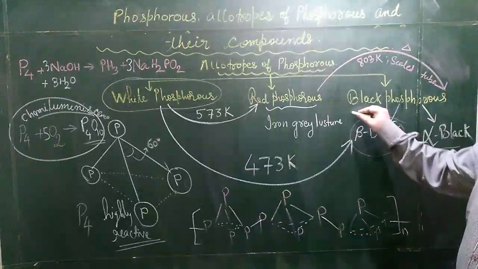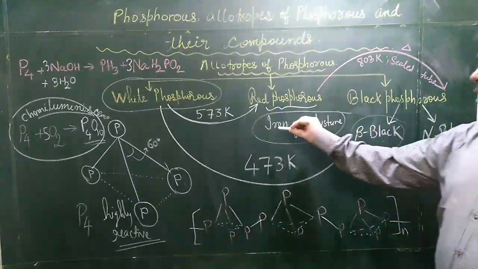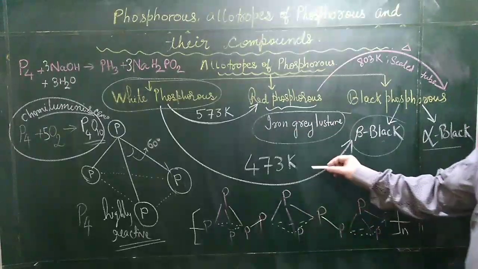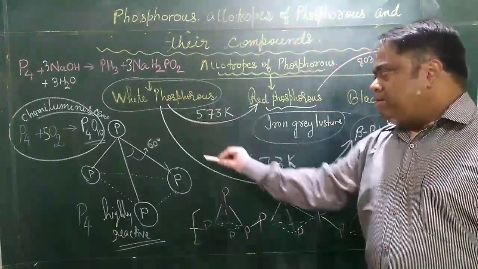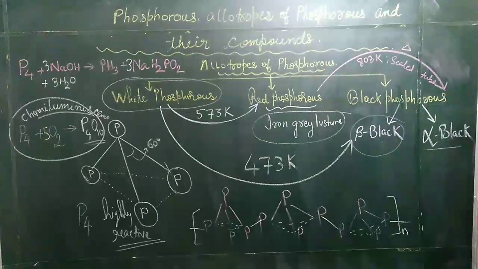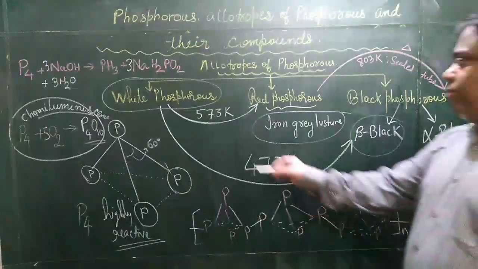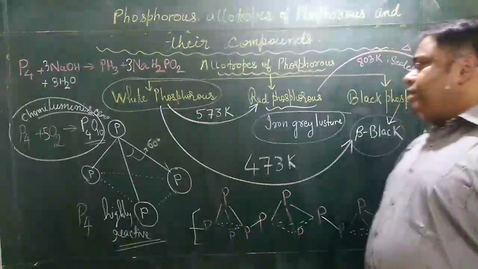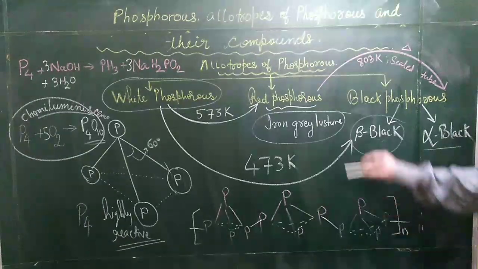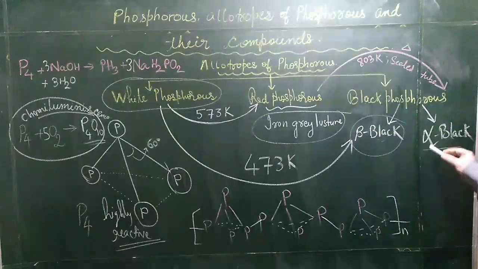Red phosphorus has an iron gray colored luster. At 473, before forming red phosphorus, it forms black phosphorus. And when red phosphorus is formed at 573 Kelvin, then after red phosphorus is heated at 803 Kelvin in a sealed tube, it forms alpha black phosphorus.